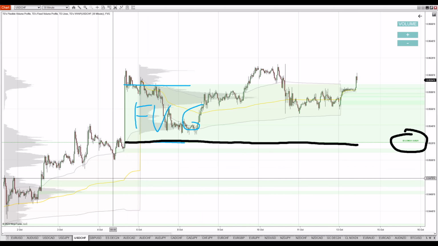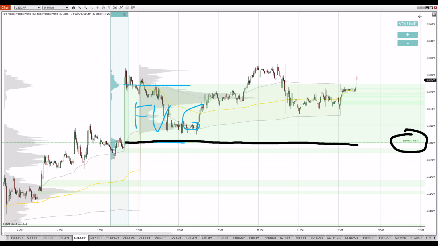Now, also, we have a heavy volume zone here. Heavy volume zone at the beginning of a strong buying activity, right? This is the heavy volume zone. This is the strong buying activity. So those volumes are telling us about strong buyers accumulating the long positions before pushing the price higher.